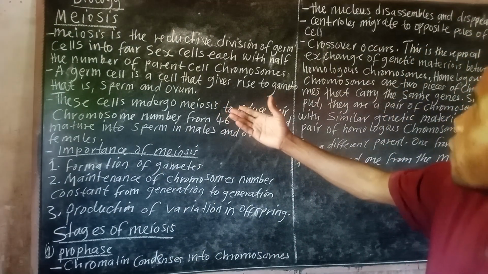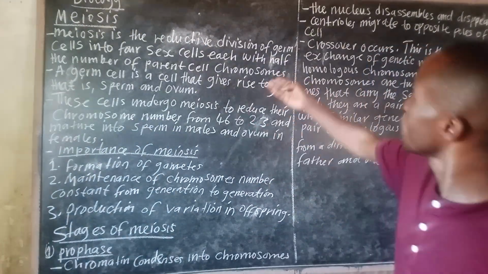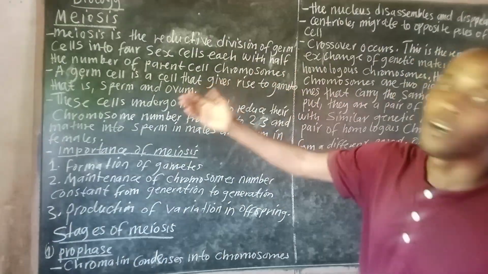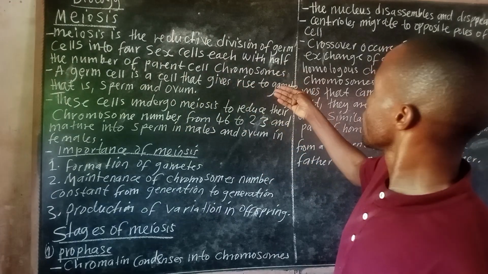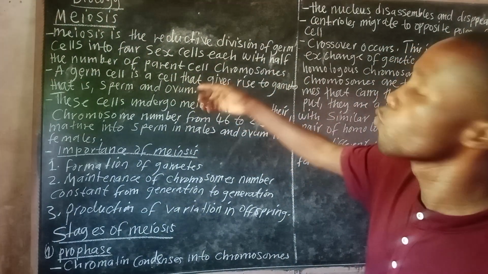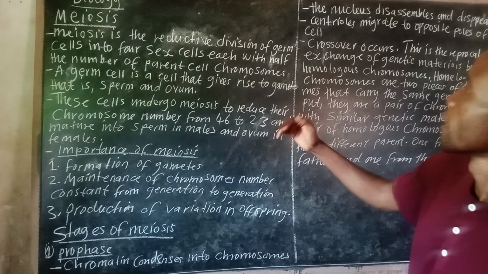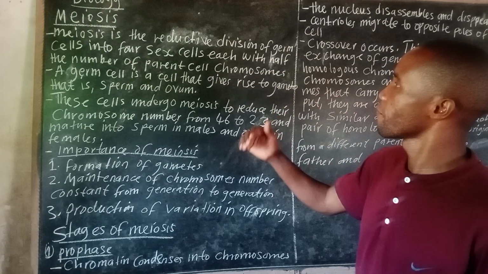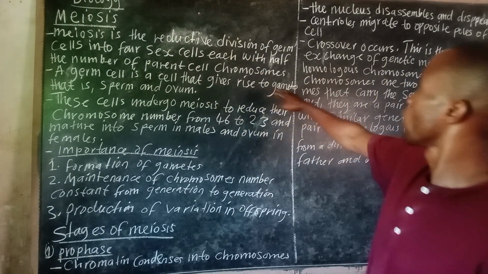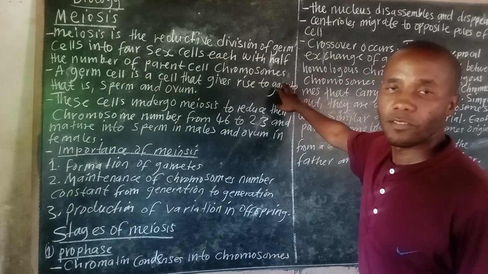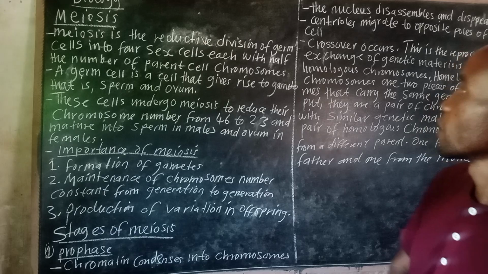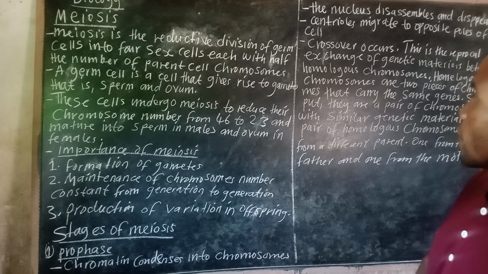Meiosis is the reductive division of germ cells into 4 sex cells, each with half the number of parental cell chromosomes. That is meiosis. So this one is different from mitosis cell division.